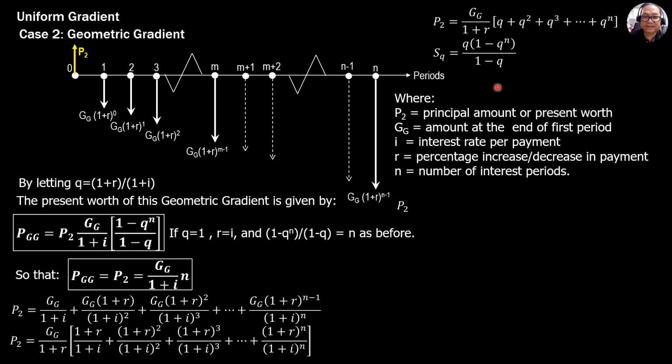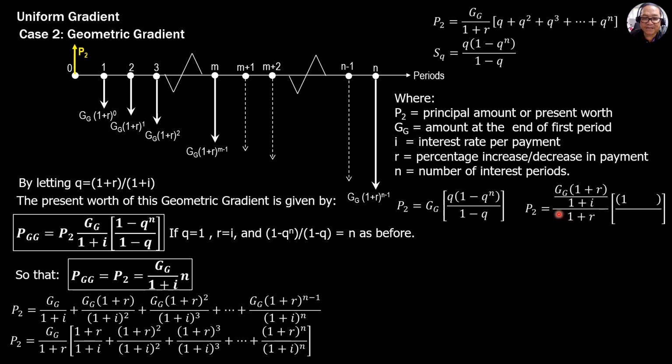So P sub 2 is therefore equal to G sub G over 1 plus R, quantity Q, times quantity 1 minus Q to the n over 1 minus Q. We replace Q back with 1 plus R over 1 plus I, divided by 1 plus R, then quantity 1 minus Q to the n over 1 minus Q. We can cancel 1 plus R, so this reduces to G sub G over 1 plus I.